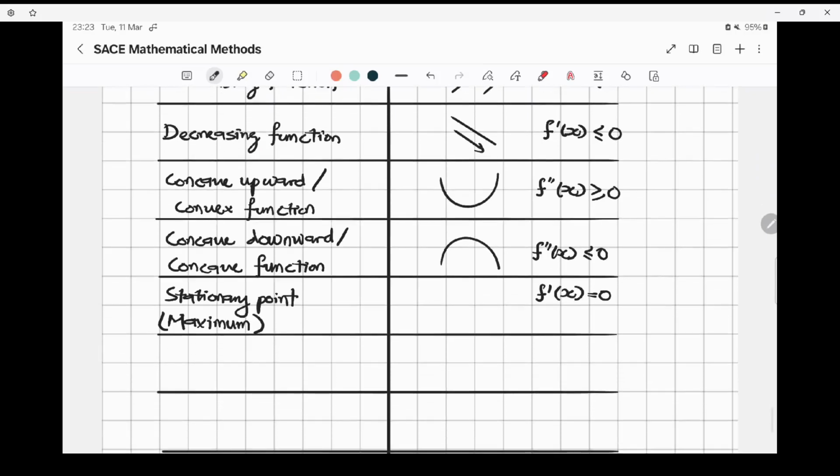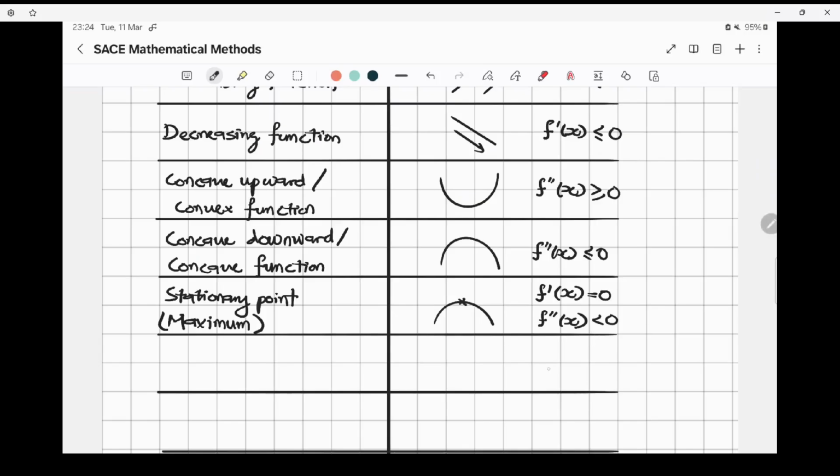Then it will mean that your f double prime of x has to be smaller than 0. So that is the definition of a stationary point which is maximum. Whenever you get this particular point, remember that your stationary point would sit at the maximum of a concave downward function.